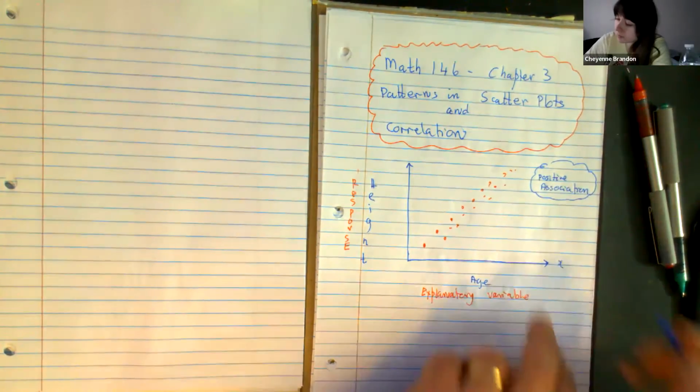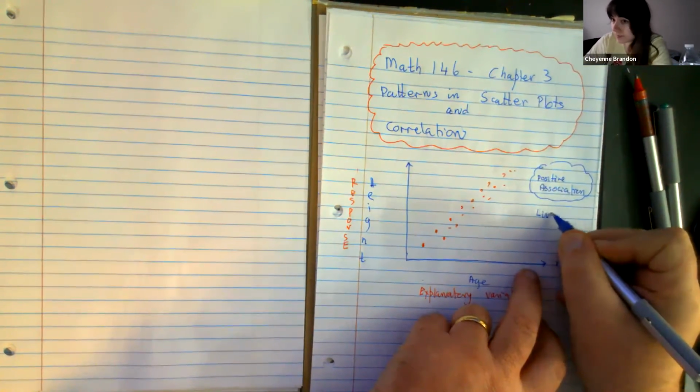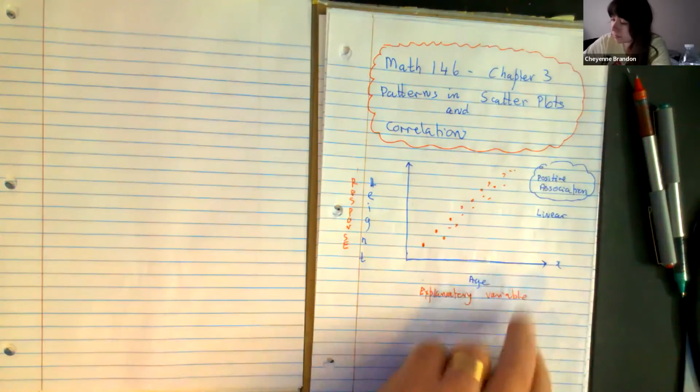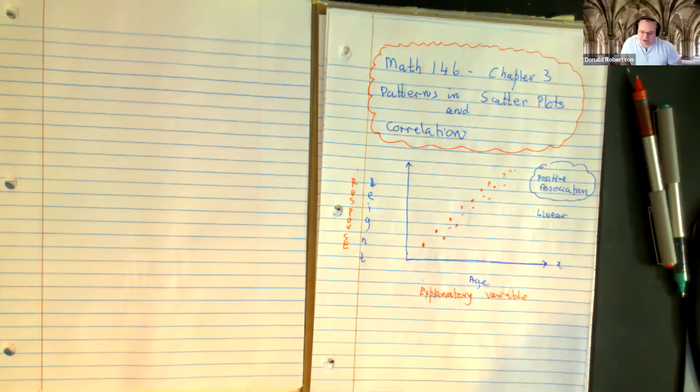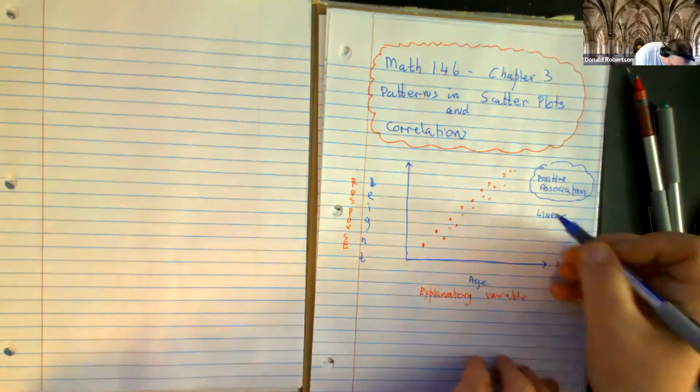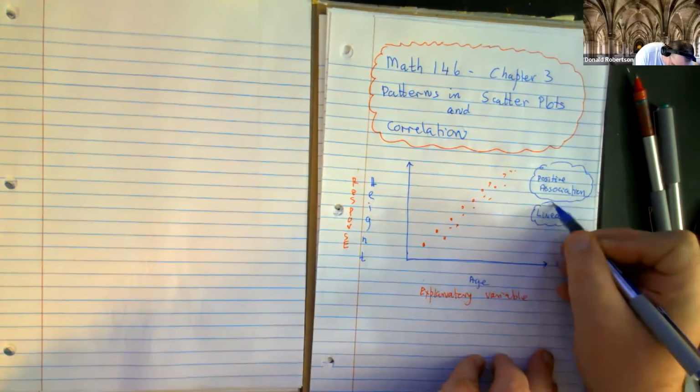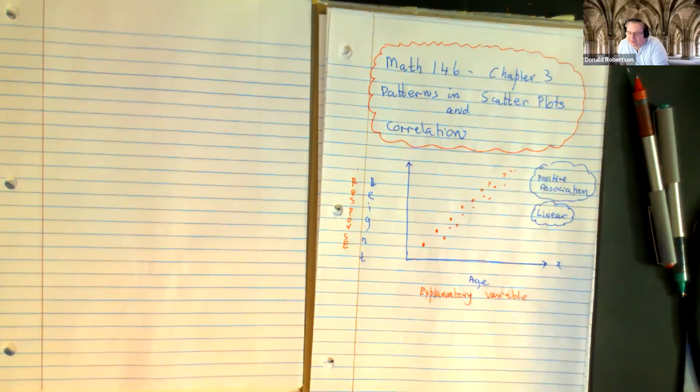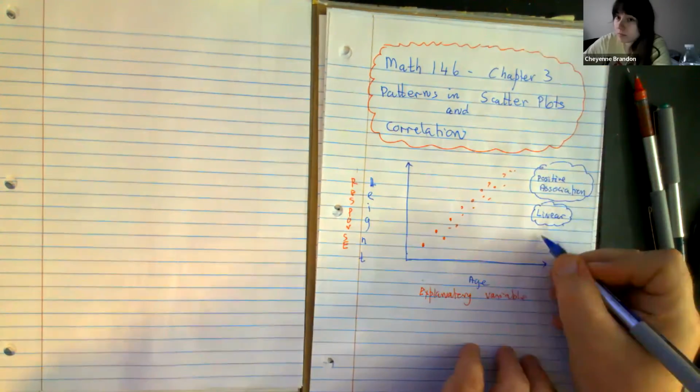Linear. Is this one a strong, medium, or weak association? Strong. I would go strong.